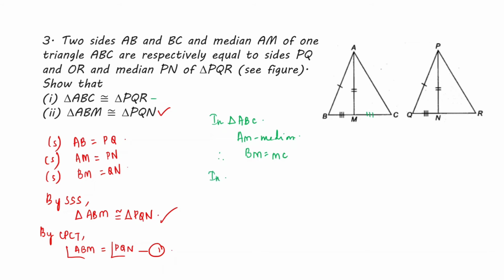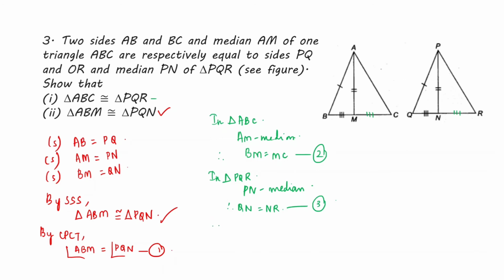Similarly, in triangle PQR, we know that PN is the median, thus side QN is equal to side NR. Let this be equation 2 and equation 3.